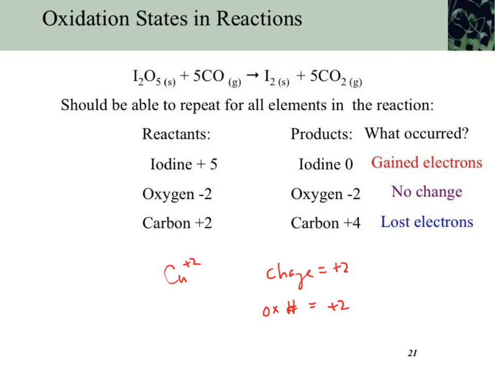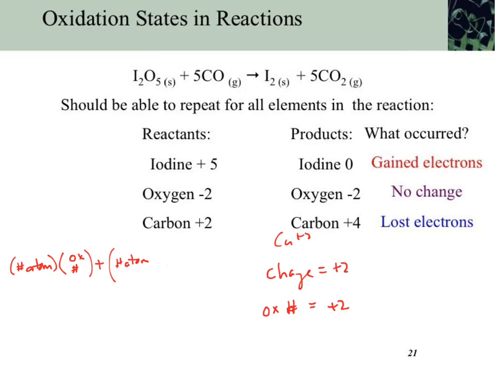So what we end up doing, I need to get some space, so I'm going to erase the copper plus 2 there. Is that we look at an individual molecule, and we look at the number of a particular atom, and we multiply it by its oxidation number. And we look at the number of the next atom.